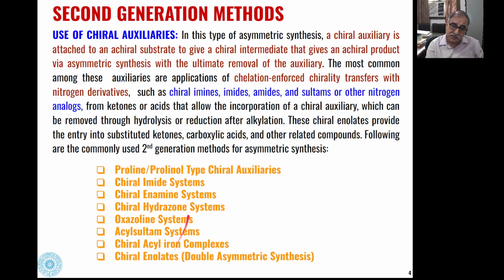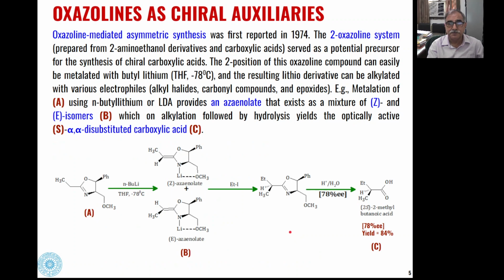And in this lecture today we will see these four types of methods or systems which can be used for asymmetric synthesis, that is use of oxazolines or acyl sultams or chiral acyl iron complexes. They are also being used commonly these days, or chiral enolates where there is double asymmetric synthesis. For example, in case of aldol condensation, these types of enolates can be formed.